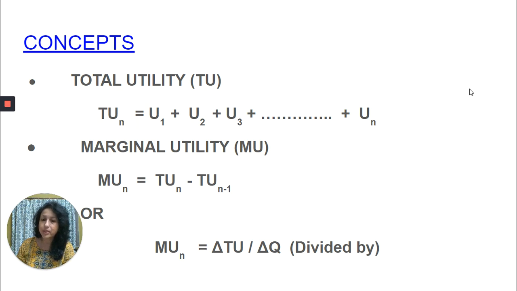So depending upon the information that you have in hand, you can use either the first formula, MUN equal to TUN minus TUN minus 1, or MUN equal to change in TU by change in quantity consumed.